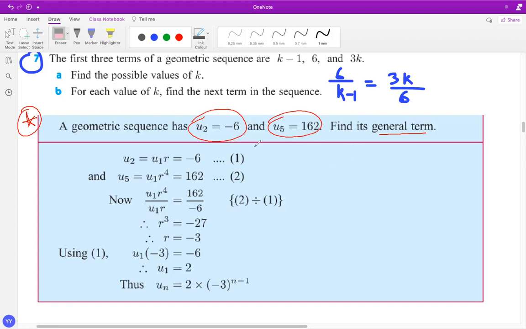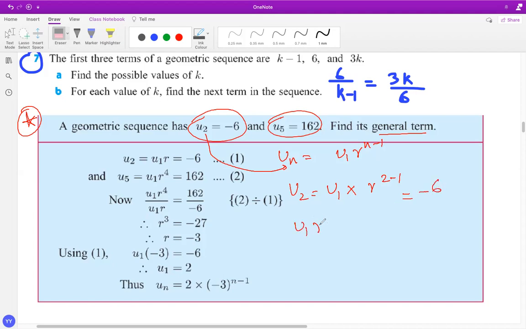So when you talk about the second term being negative 6, first you got to write the formula u1 times r to the power n minus 1. My second term means n is 2 here. So u2 is u1 times ratio to the power 2 minus 1, and this answer is negative 6.